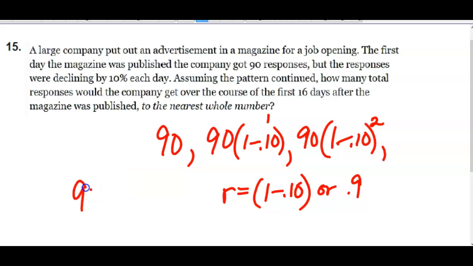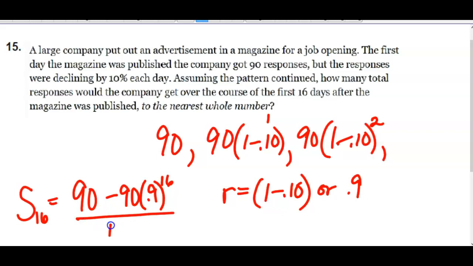Okay, so the first day, minus the first day times r to the 16 days all over 1 minus r.